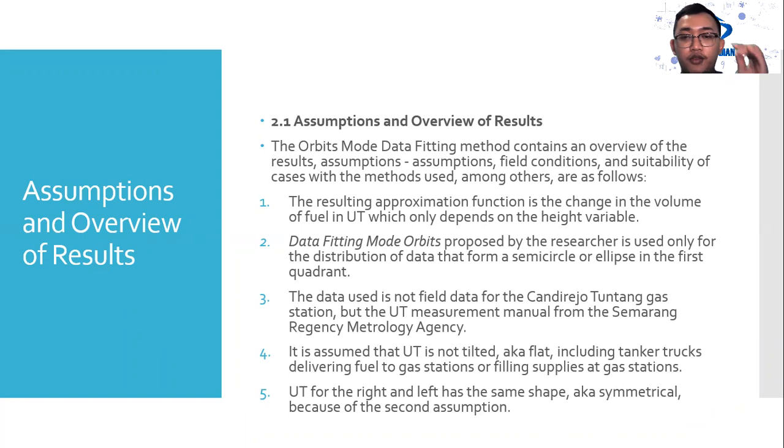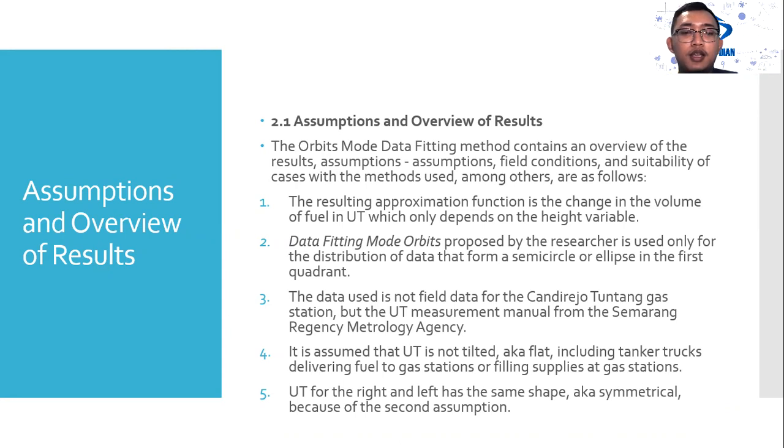So delta V, where V is volume, depends on the variable H. What is H? H is the height of the fuel in the underground tank. So that is the data that we use.